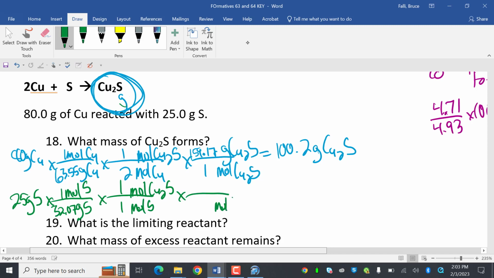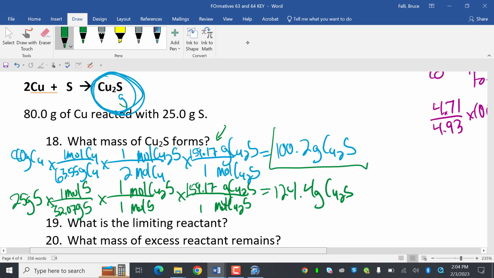I'm in moles of Cu2S, but I want grams of Cu2S, and luckily I did this one before: 159.17 in 1 mole. 25 divided by 32 times 1 divided by 1 times 159.17 is 124.4 grams of Cu2S.